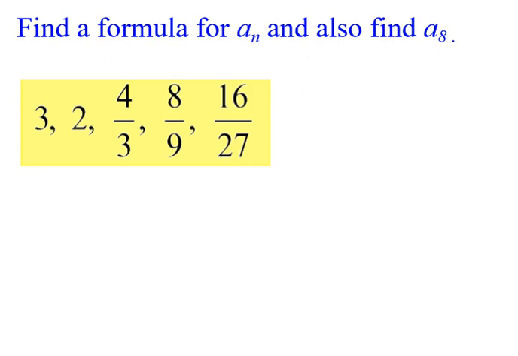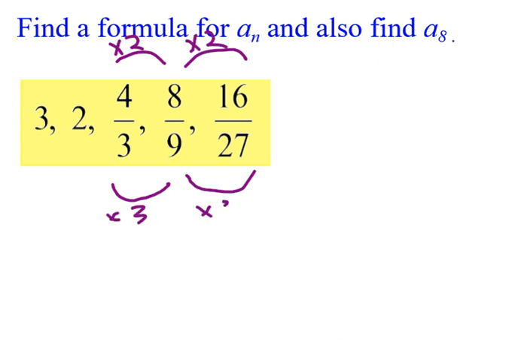So, one more, a little trickier maybe. This is one where it's harder to see, especially in the initial ones. But once you get here, what's happening on top, what's happening on bottom? And then from here to here, what's happening on top, what's happening on bottom? It looks like on top, I'm multiplying by 2, and on bottom, I am multiplying by 3, which means in general, my ratio is 2/3.